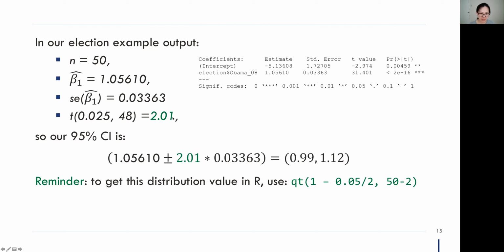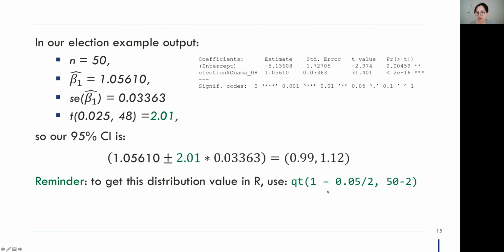If you still remember, you can get the distribution value by looking at the table, but in this course we are going to use R, and we can simply use this function. qt is the quantile of the t distribution.